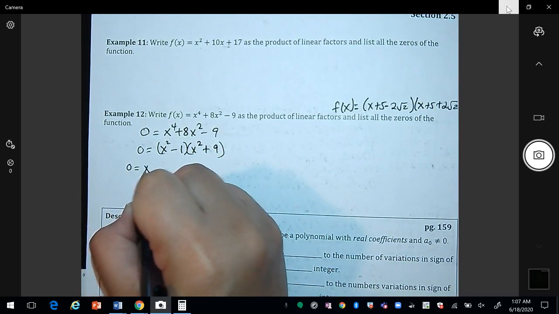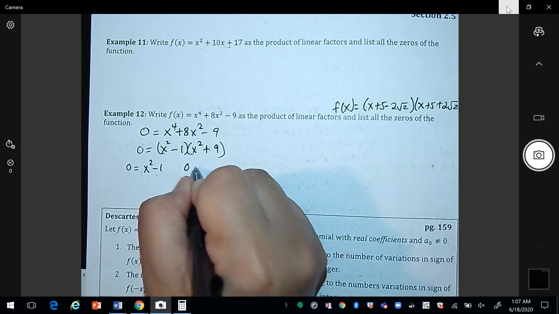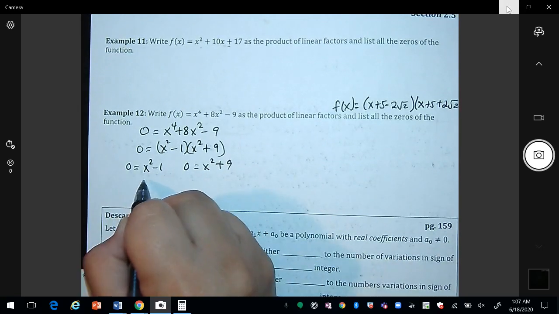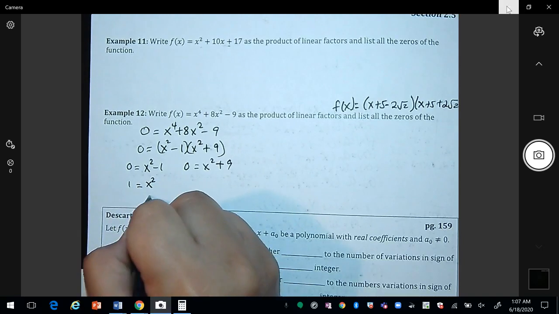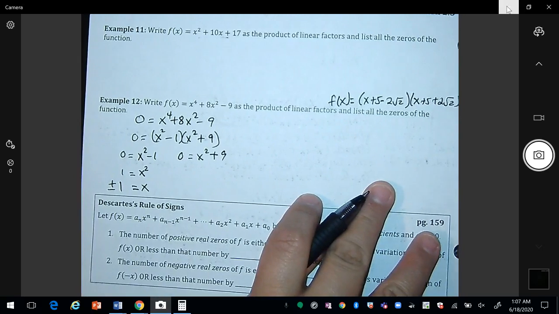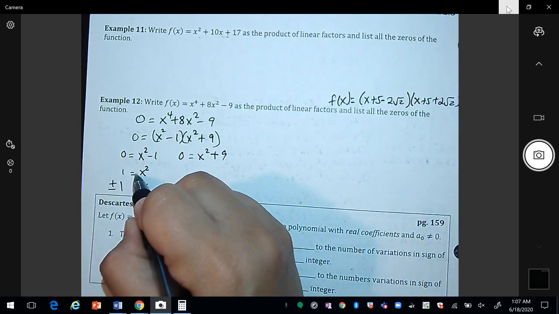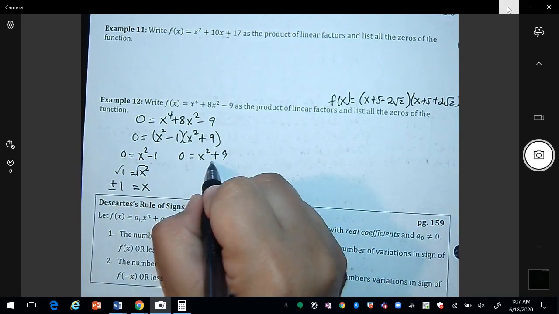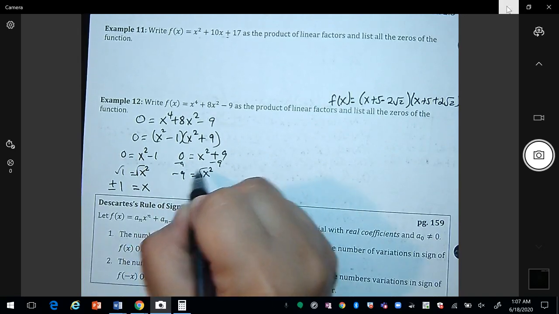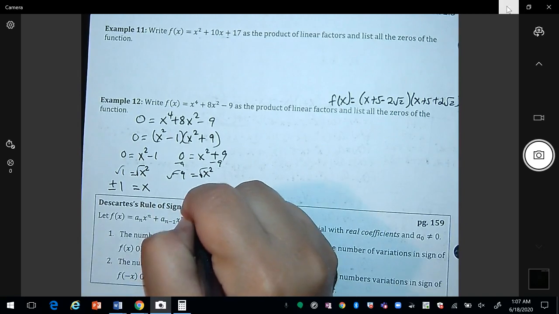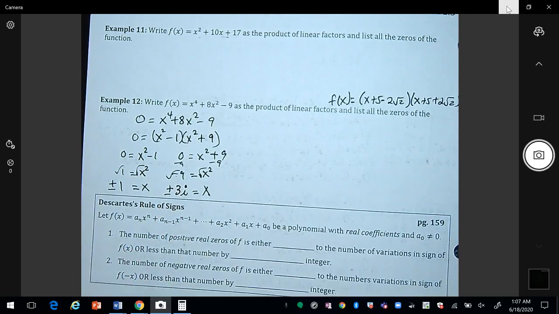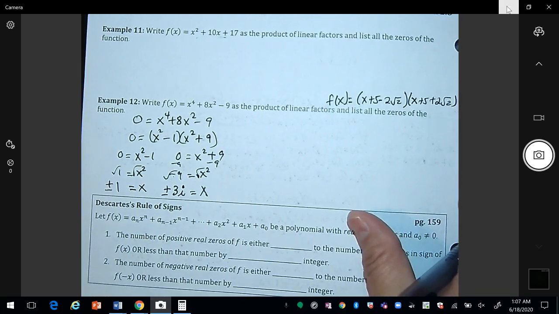Set each factor equal to 0. Add the 1 on both sides. So x would be plus or minus 1 for my zero. Take the square root here. Subtract the 9. So x squared is equal to negative 9. Take the square root. So x is plus or minus 3i because we have a negative in the radical.